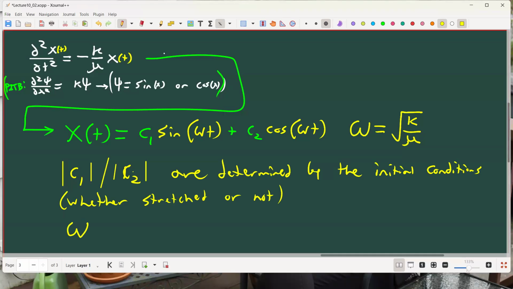But the frequency of oscillation has nothing to do with how you stretch the system. It only has to do with the mass attached to it and how stiff the spring is. It's unique to the system. It's unique to the combination of mass and spring.